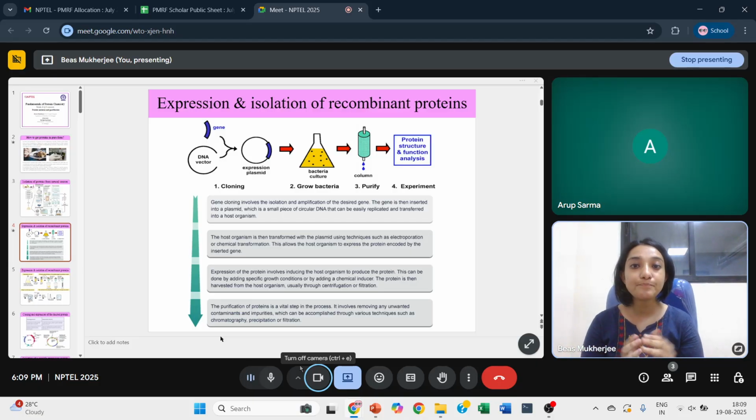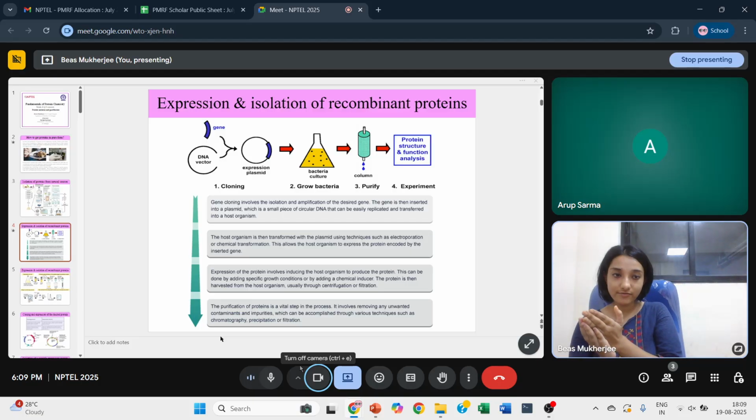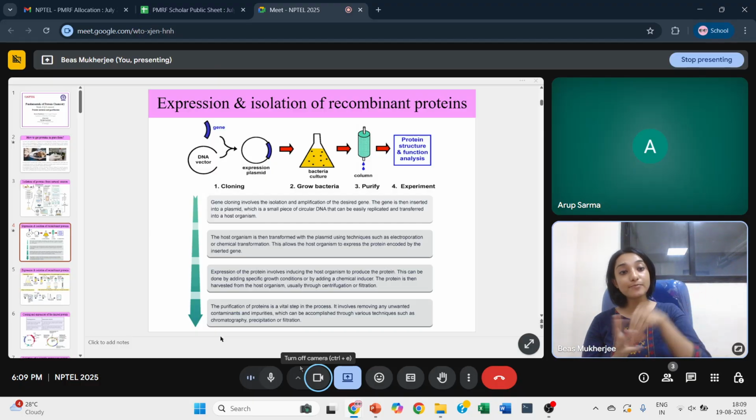The first step is cloning. In cloning there is a vector. This vector can be a cloning vector, it can be an expression vector. Let's say that there is a naturally found protein and you want to introduce some mutations in it. We'll talk about cloning and expression vectors in the upcoming slides.